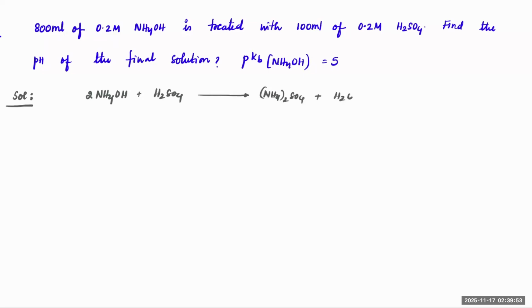Now this was 800 into 0.2 molar. This is 100 into 0.2 molar. Clear? So here we have around 160 millimoles, while here we have 20 millimoles. You know that for every 1 mole we require 2.